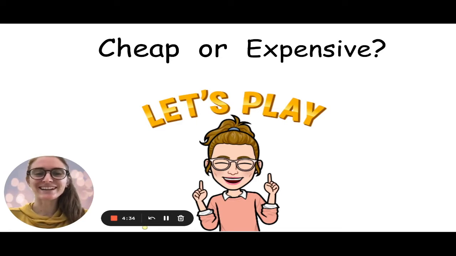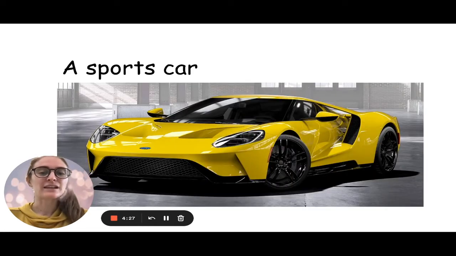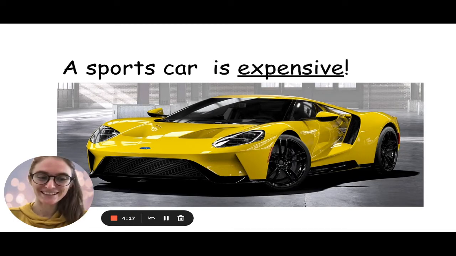Okay, let's play a game. Is it cheap or expensive? So finish the sentence. A sports car is cheap or expensive? A sports car is expensive.